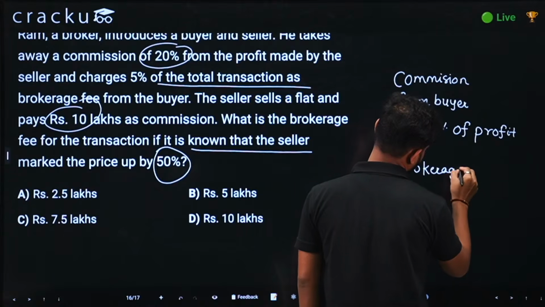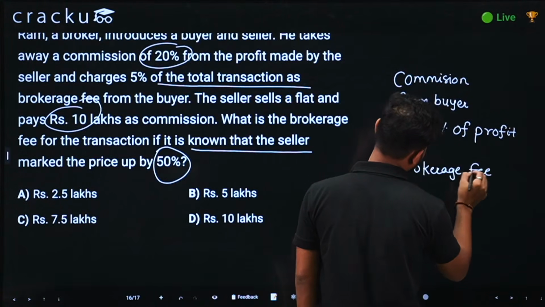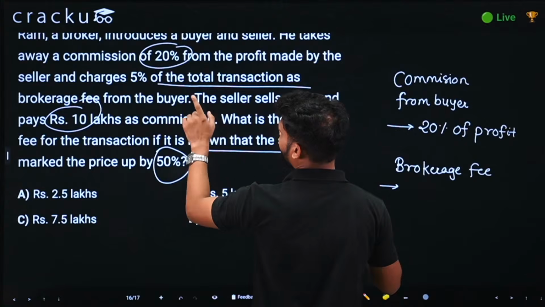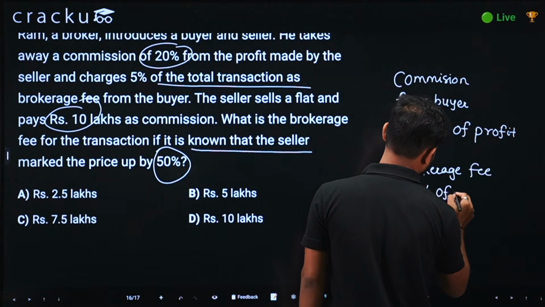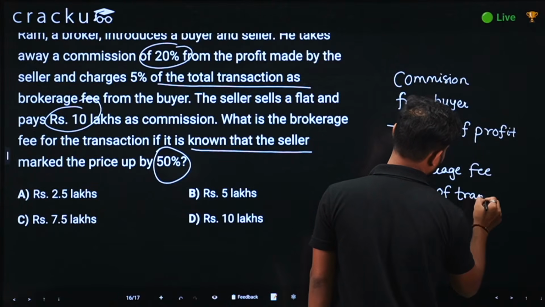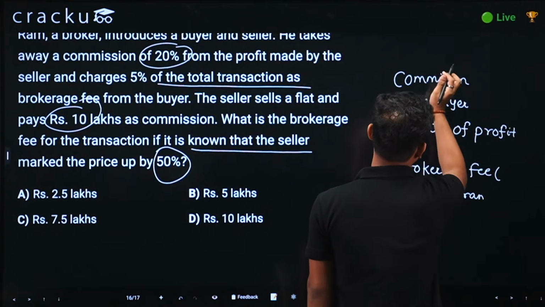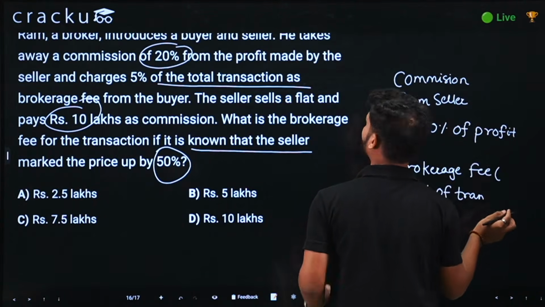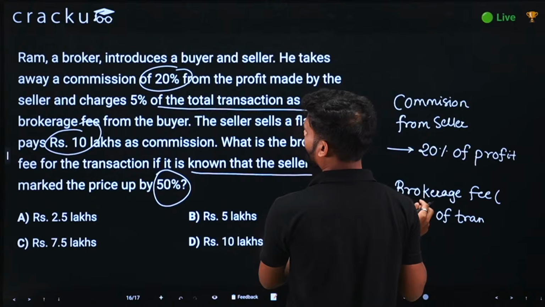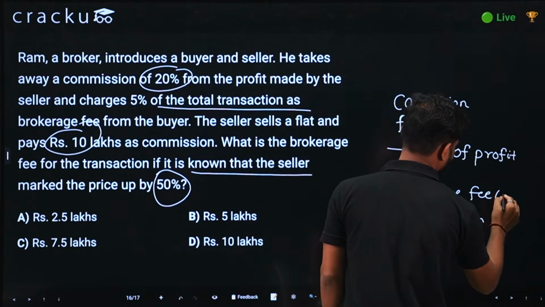Brokerage fee. And how much is this brokerage fee? It is given as 5% of transaction. Brokerage fee from whom? Sorry, this is seller, right? Commission from seller and brokerage fee from buyer.